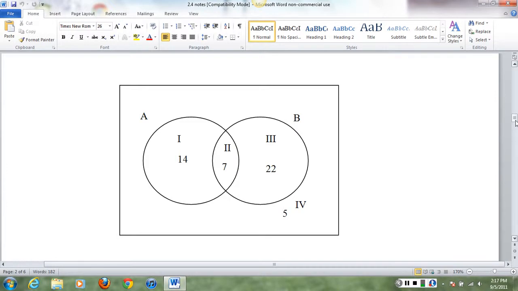We have 14, 7, and 22. We add those up, it gives us 43, which means the difference is 5, and that's what we put on the outside. And that's how you calculate that. All the numbers added on the inside, subtract that from the universal. What's left over, if there's anything, goes on the outside of the two sets.